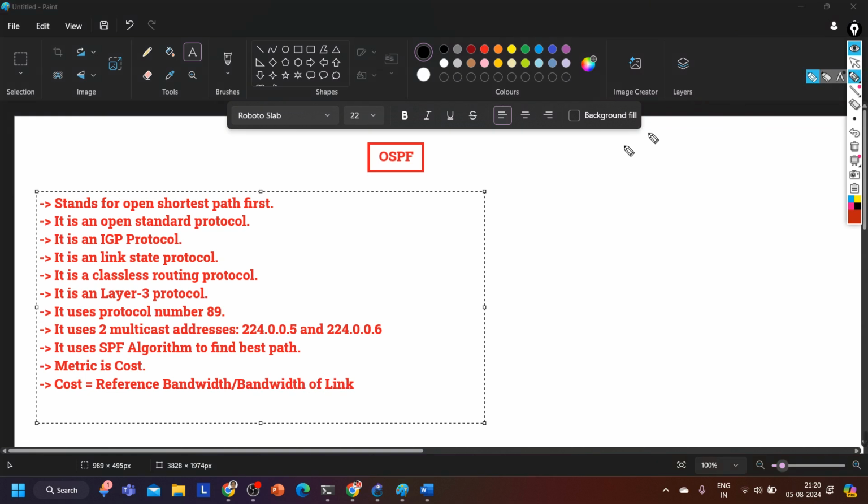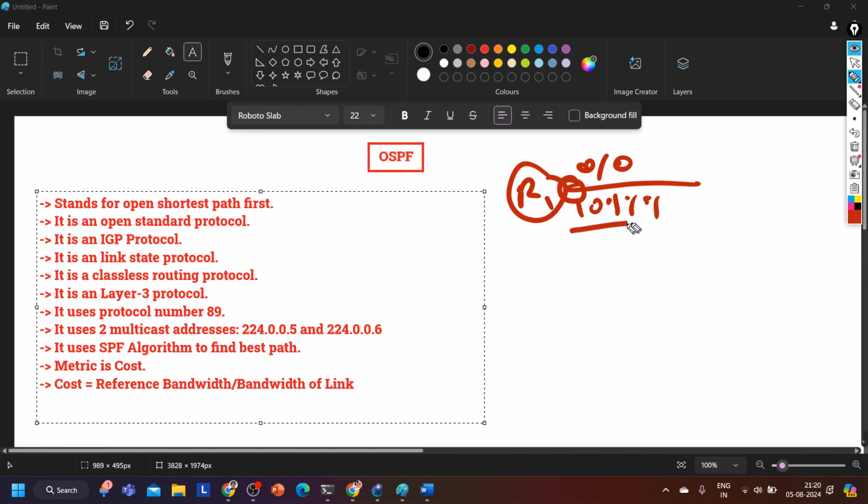So let's suppose again a router has one interface F0/0 where the IP address is 10.1.1.1. Once I enable OSPF on this interface it will join the multicast group, and then the router is going to calculate cost for this network. How will it calculate cost? Reference bandwidth upon bandwidth of link, and by default the reference bandwidth is 100 Mbps.